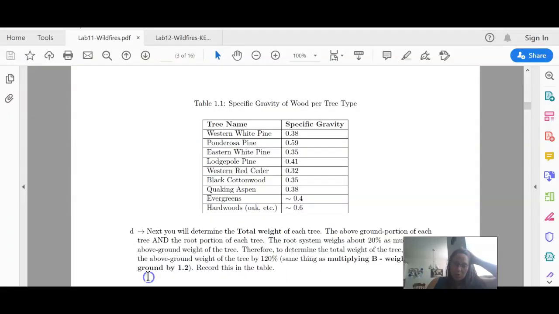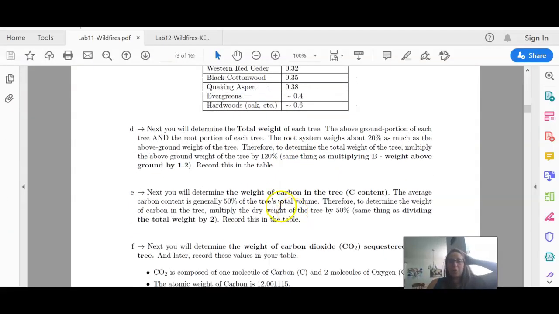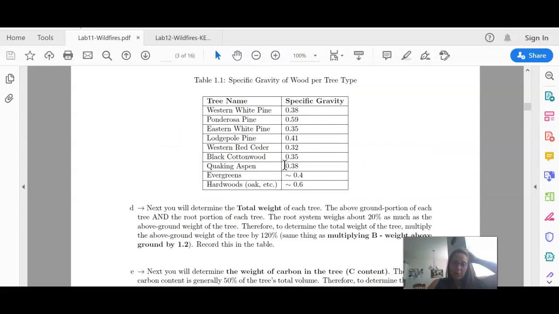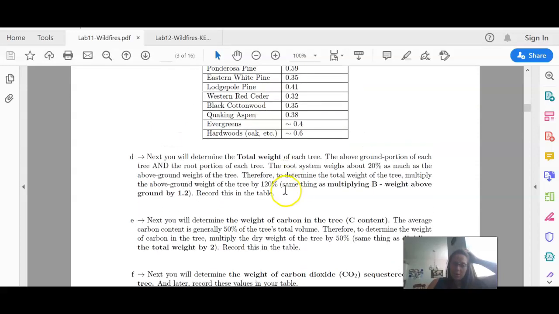So D, it says, next you will determine the total weight of each tree, the above ground portion of each tree, and the root portion of each tree. They assume that the root system here weighs about 20% as much as the above ground weight of the tree. So to determine the total weight of the tree, simply multiply the above ground weight of the tree by 120%. 100% of it would be its value for B that we had just calculated, and then the remaining part of the roots is going to be an extra 20%.